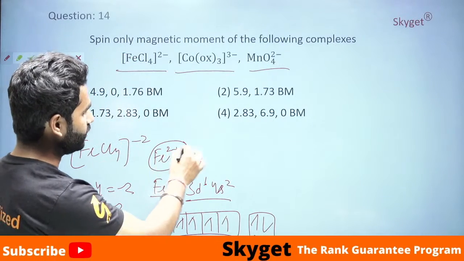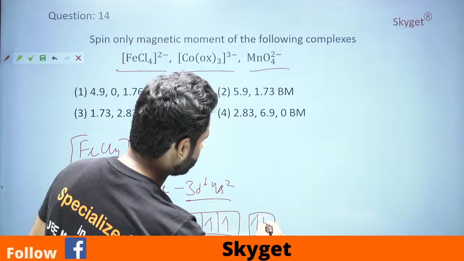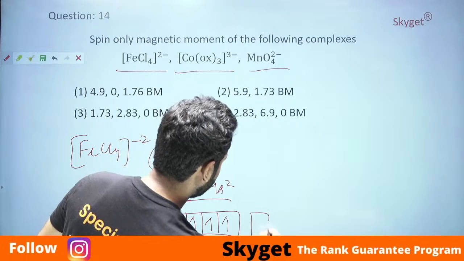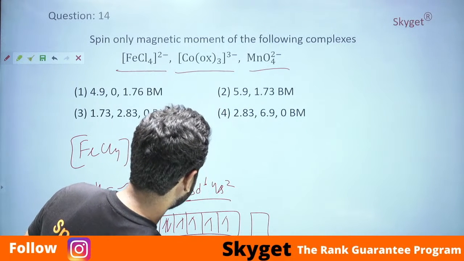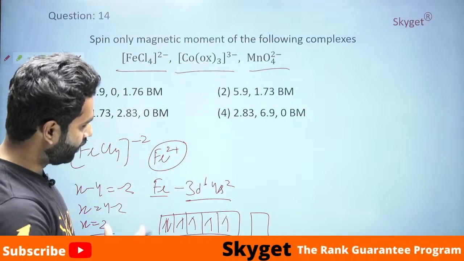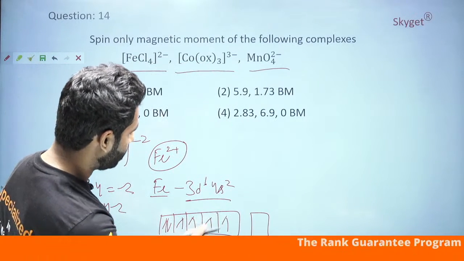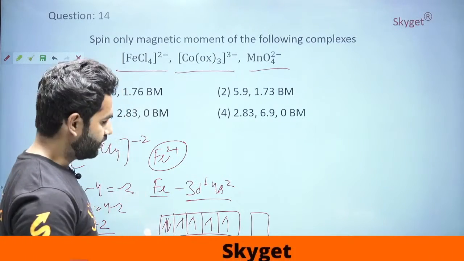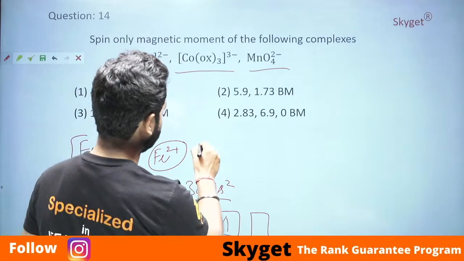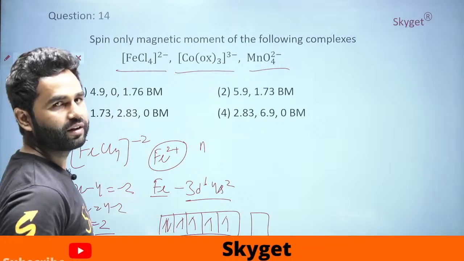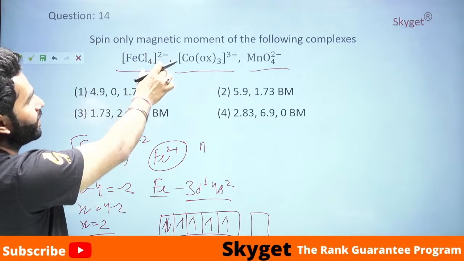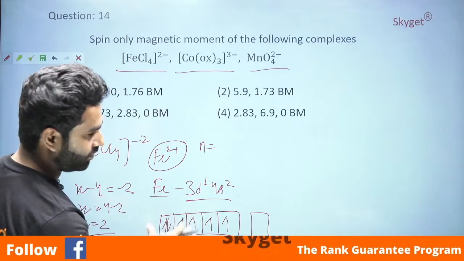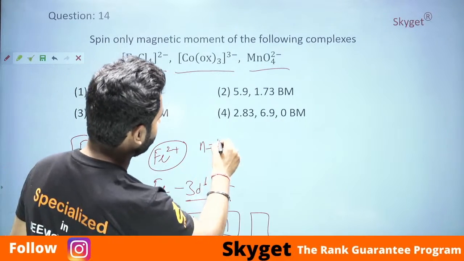When we say it is Fe2 plus, these 2 electrons of 4s will escape and the 4s orbital will be vacant. Now what we observe is that there are 4 unpaired electrons in the Fe2 positive ion. We represent the number of unpaired electrons by n. So in the case of the FeCl4 complex ion, the unpaired electrons in Fe2 positive are 4.